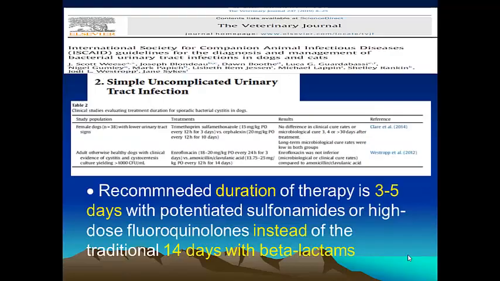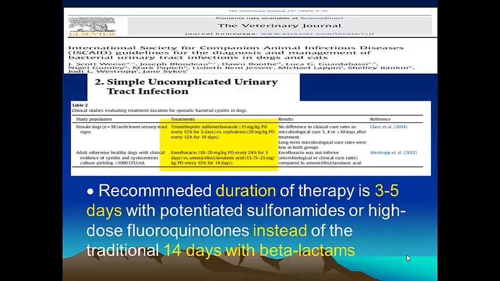Now, the new edition of the 2019 guidelines is that instead of 7 to 14 days, now they suggest a shorter course of 3 to 5 days. And there are two studies in which the outcomes were clinical and microbiological cure rates.